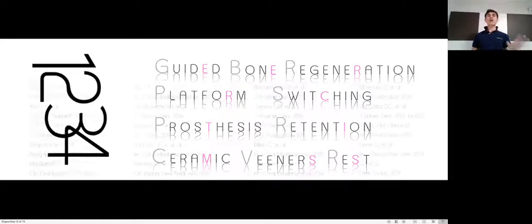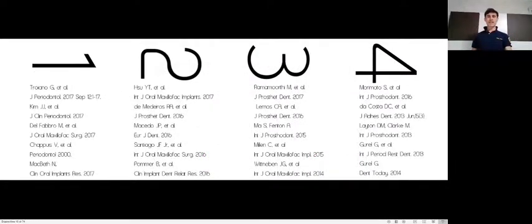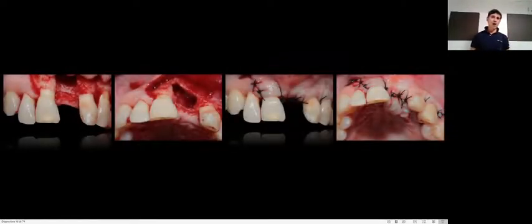We follow the rules present in the literature. So that was the reason why we chose this kind of treatment plan.